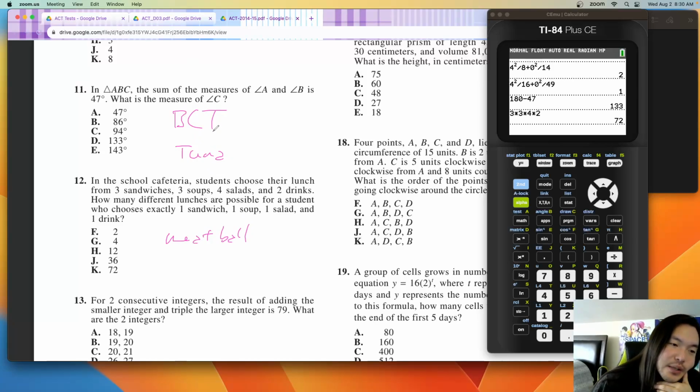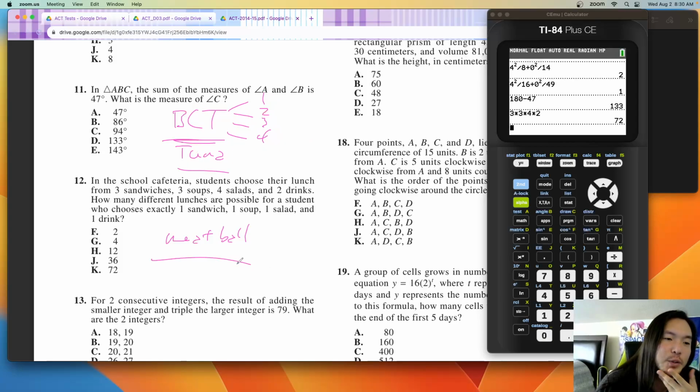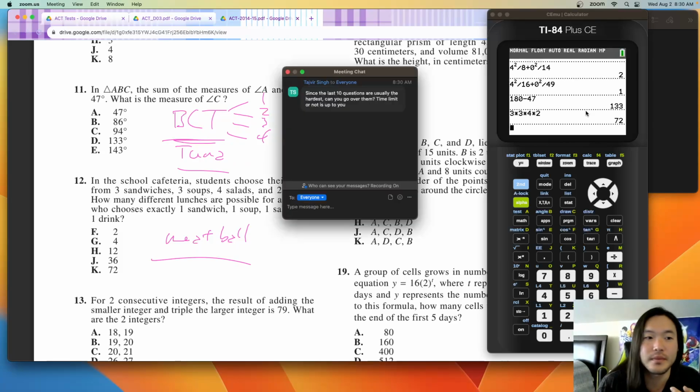So here are the 3 different sandwiches. And then there's 4 different soups. I don't care, let's just call it 1, 2, 3, 4. I'm not really a soup person. Hopefully you realize that if I pick BLT, I already have 4 different choices. I could have a BLT and then one of the 4 soups. That's obviously 4 choices. So each of the sandwiches has 4 choices. Or I guess there's only 3 soups. There's only 3 soups.